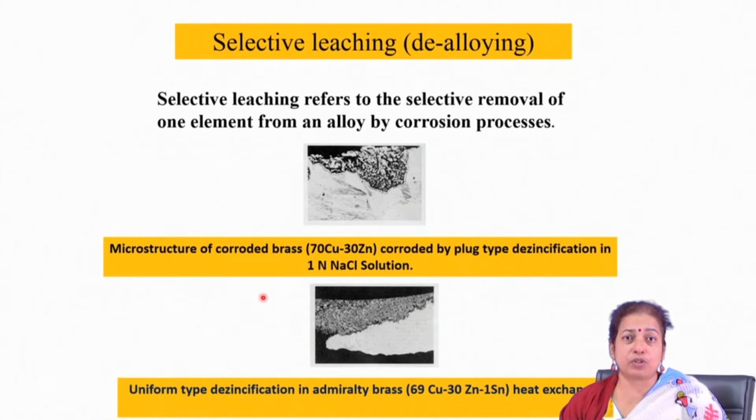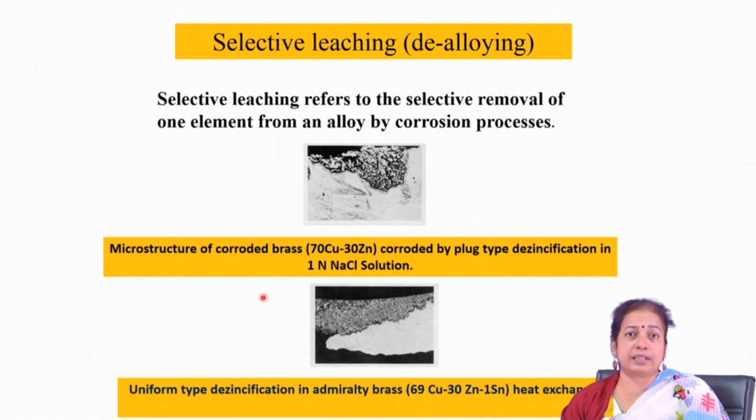As a result, when this alloy is subjected to a corrosive environment, the zinc leaches away, leaving the copper in the matrix. So, after the selective leaching of the zinc from the surface, you will find that the alloy becomes porous in nature on the surface, and again this is not good because this finally leads to the failure of the component.